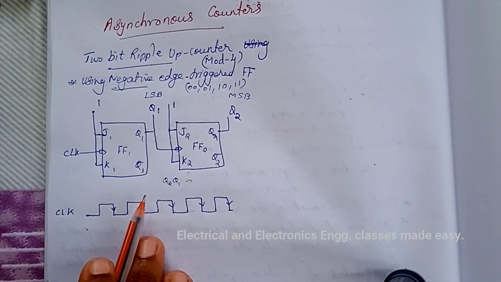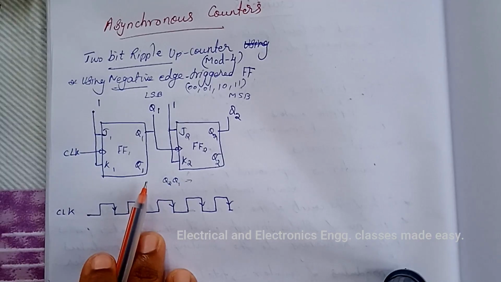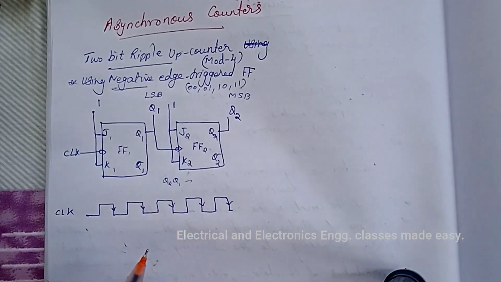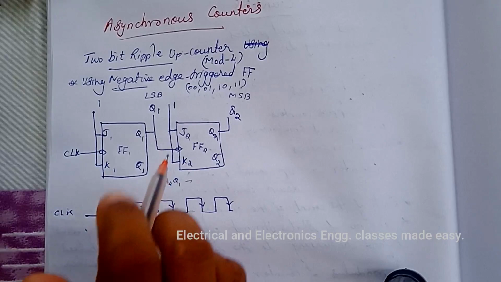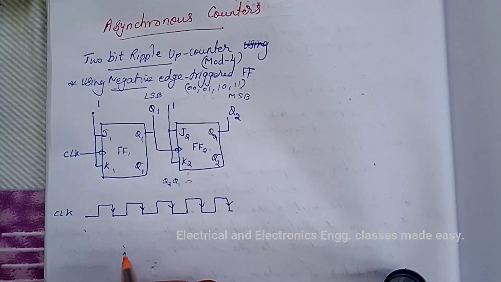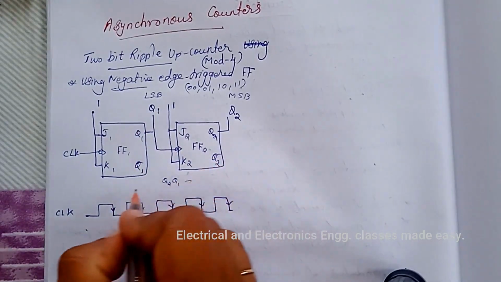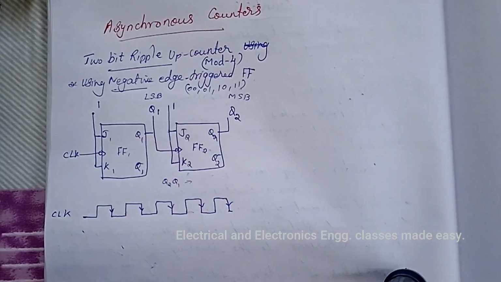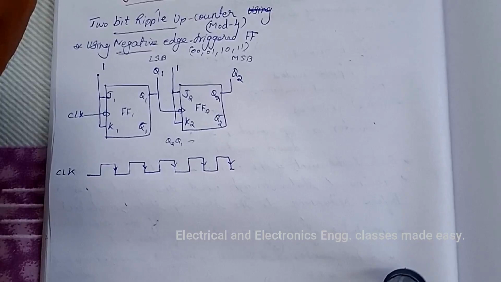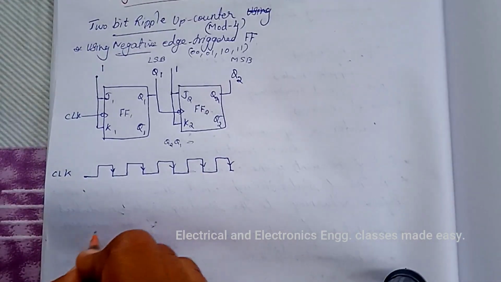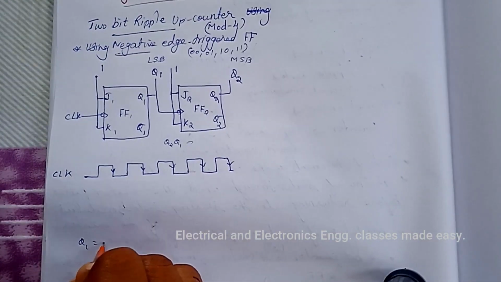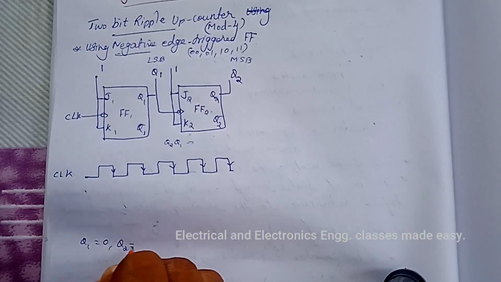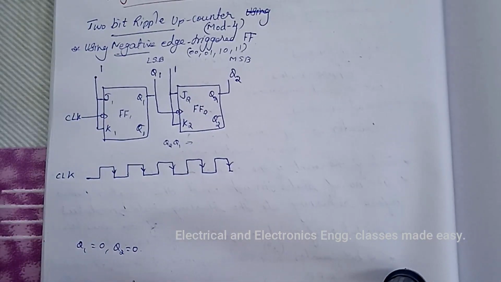Here, first of all, the counter is initially reset to 0. That means initially Q1 and Q2 are equal to 0.